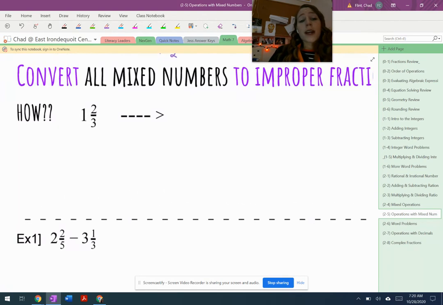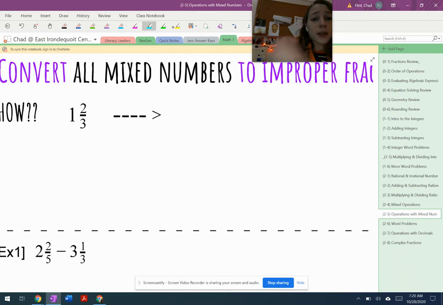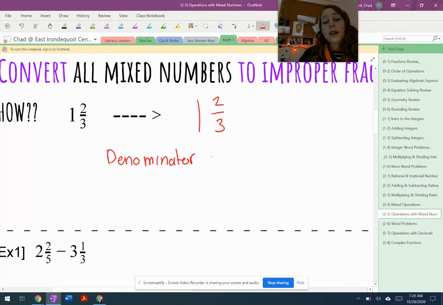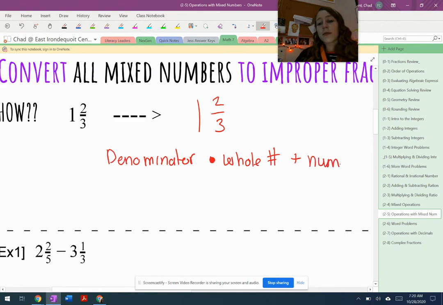You might remember that from last year, but so we take that mixed number. So you have 1 and 2/3. So you take the denominator times the whole number plus the numerator.